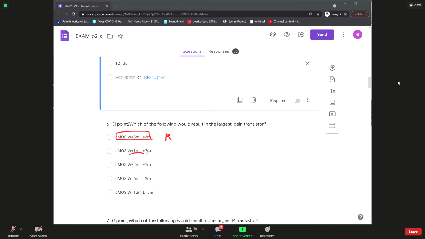And this is a transistor that is twice as long as it is wide. That's going to give you 2R. If you want me to draw this, guys, there you go. This transistor looks like a square. And this one looks like two squares.